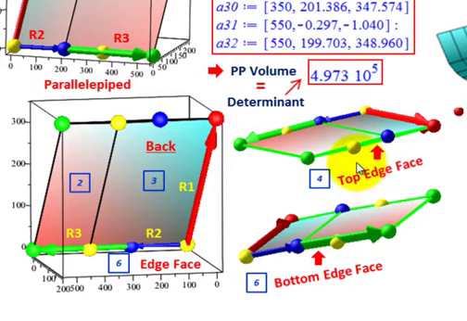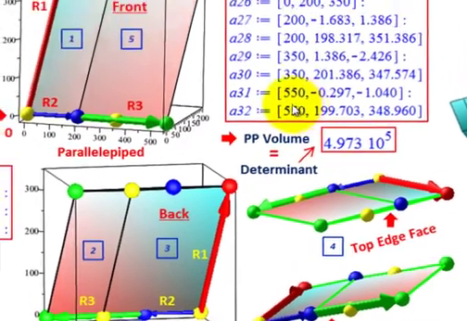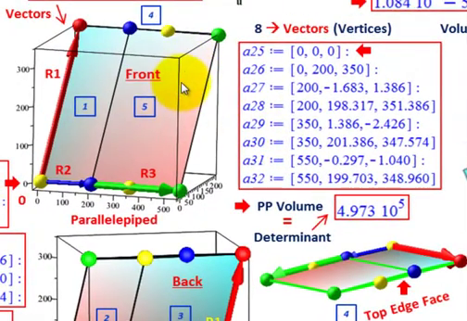So the key is, we know that it's a parallelepiped, and we got all our vertices that we were showing here, top, front side, back side, and looking at our edges here, we know that we've got 6 parallelogram faces, 2 on the front, 2 on the back, plus our edge faces here.